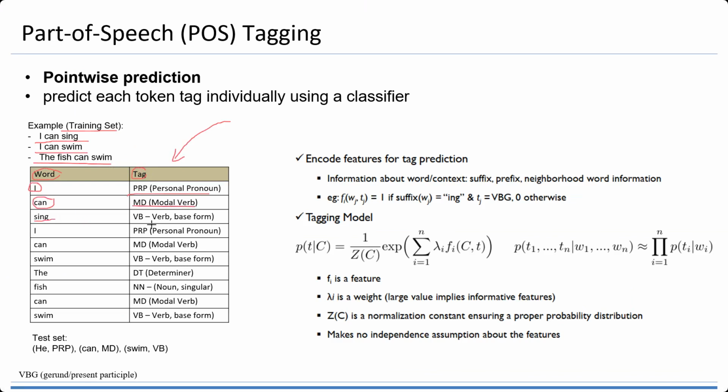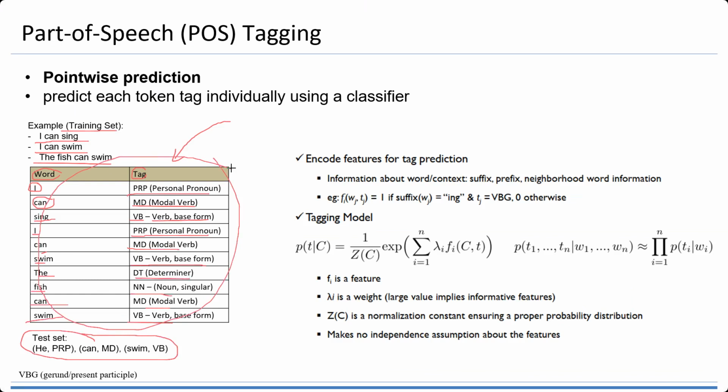The word is sing, this is VB, verb as the base form. I is PRP, can is MD, swim is VB, the is determiner, fish is noun, can is MD, and swim is verb.